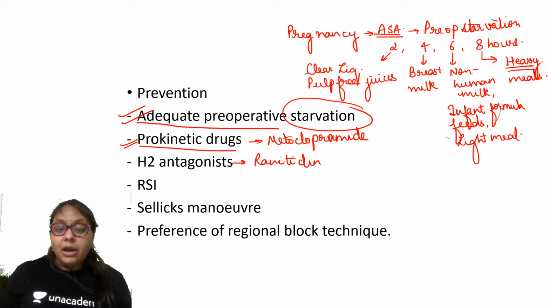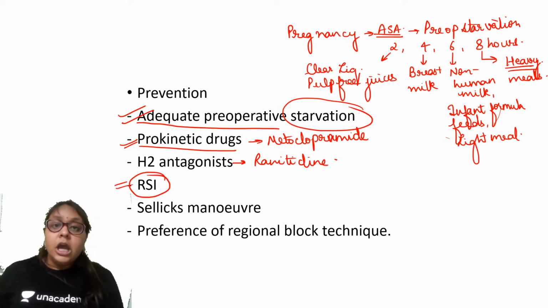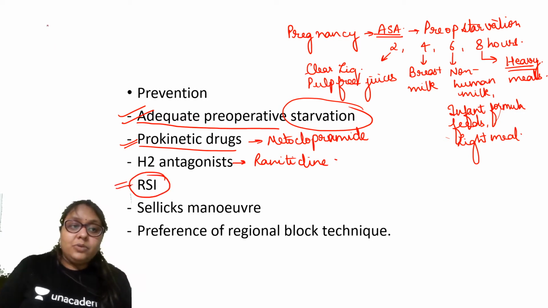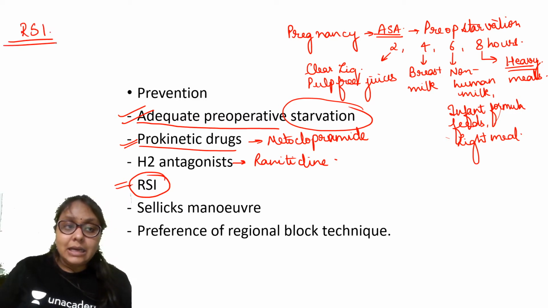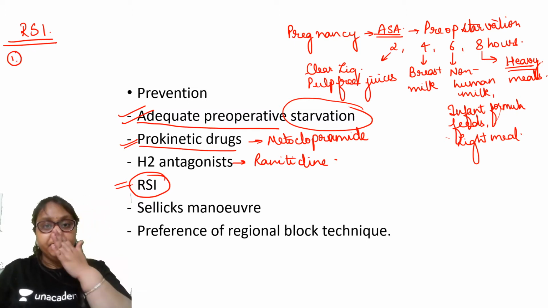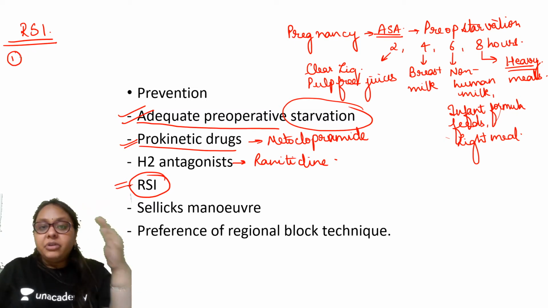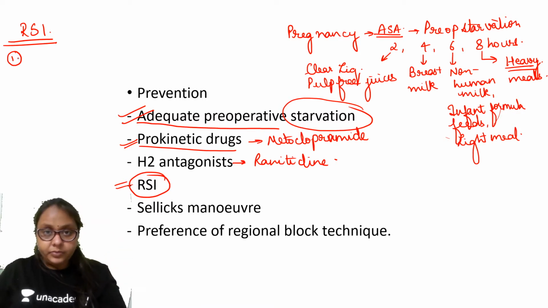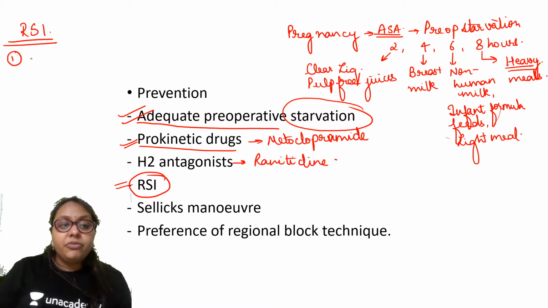One more thing you have to keep in mind is rapid sequence induction. Now, what is rapid sequence induction? This is very important. First and foremost, it is rapid. First of all, pre-oxygenate the patient.